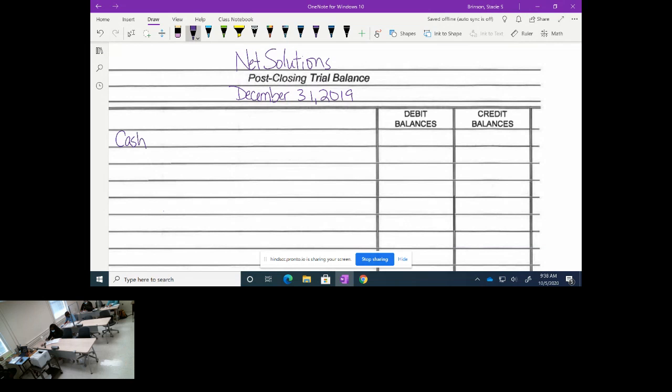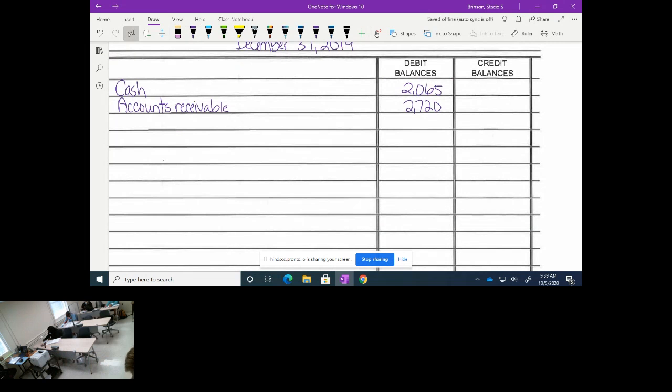We got cash, 2,065, and it's a debit. We got accounts receivable, $27.20. You've got supplies, $760.